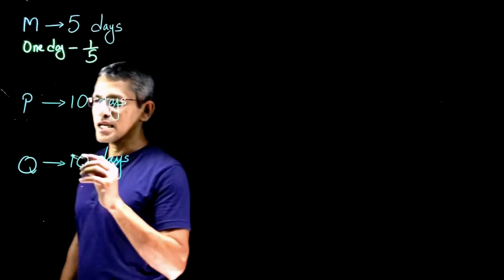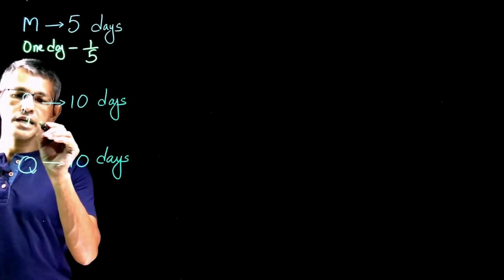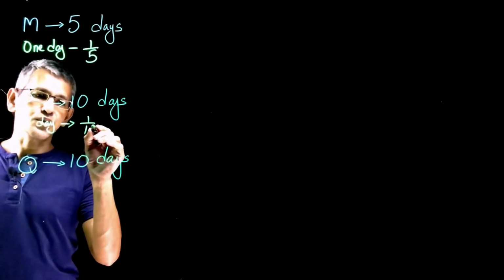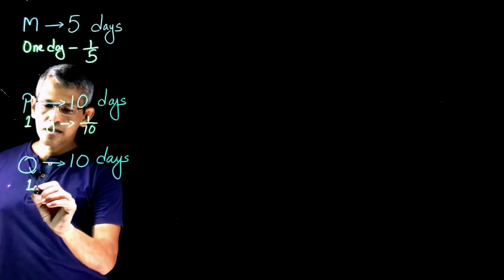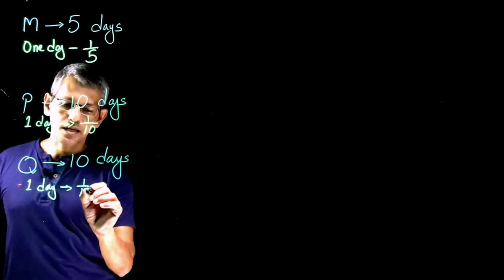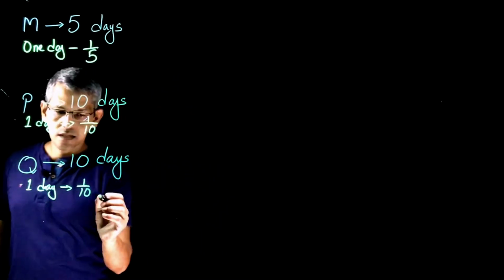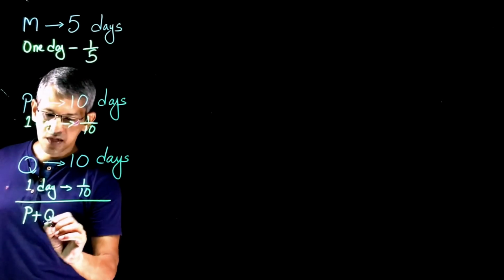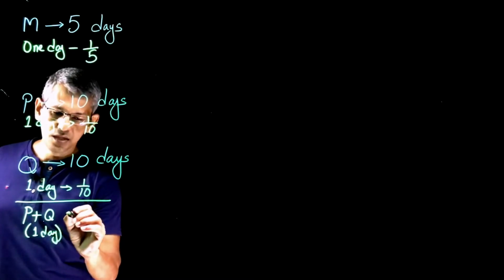The basics of calculation here: P in 1 day can do 1/10 of the job, 1/10 of the task. In the same way, Q in 1 day can do 1/10 of the task. If they work together, P plus Q, for a day, how much of the task would be completed?